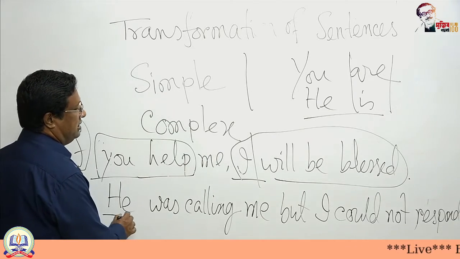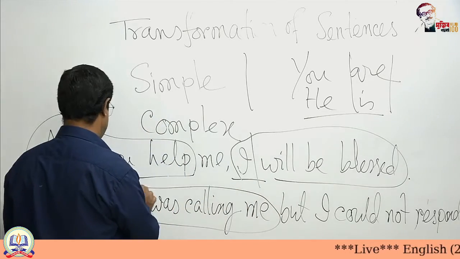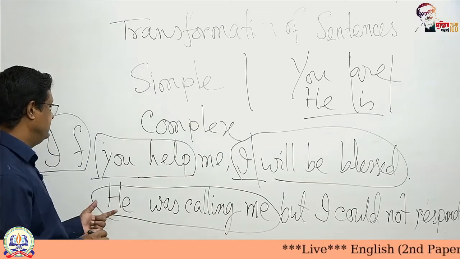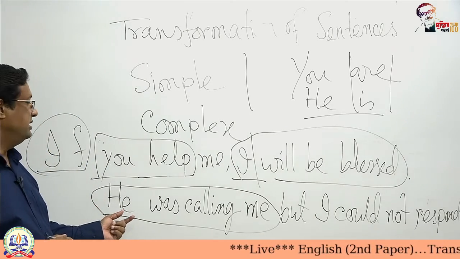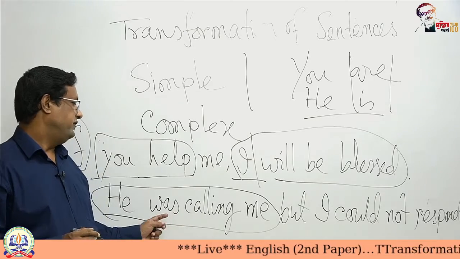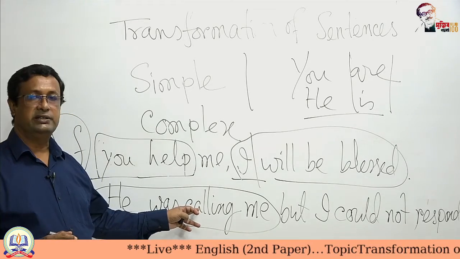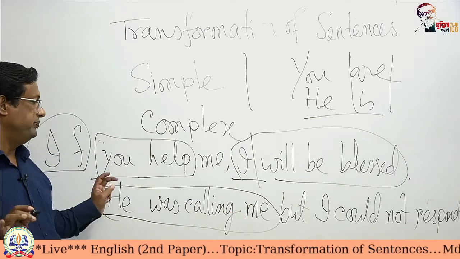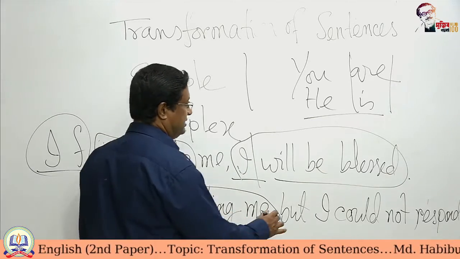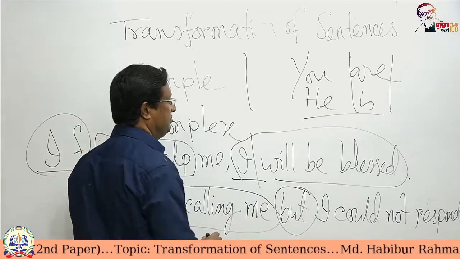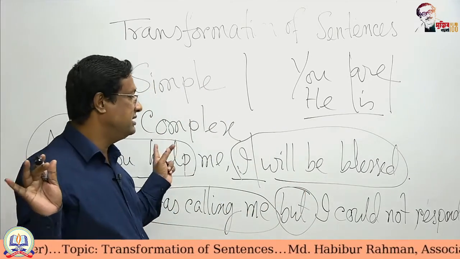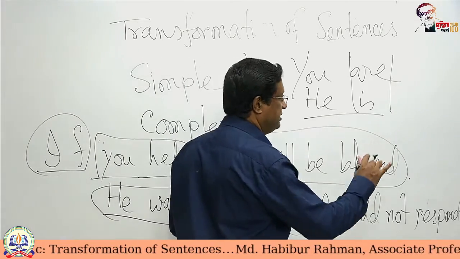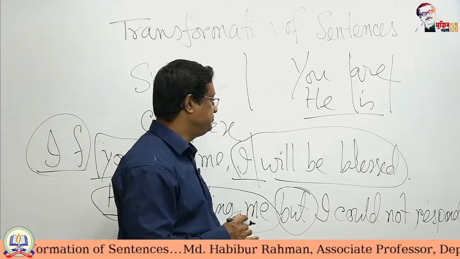He was calling me. This is a clause. You see, there is a subject and there is a finite verb, was calling. Is there any other verb here? No. There is a conjunction in the middle of the sentence, but, and thereafter we get another clause, I could not respond to him.